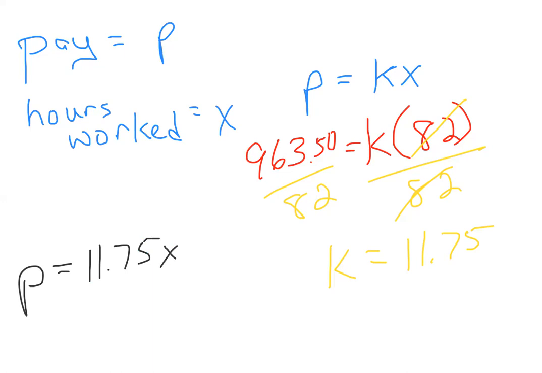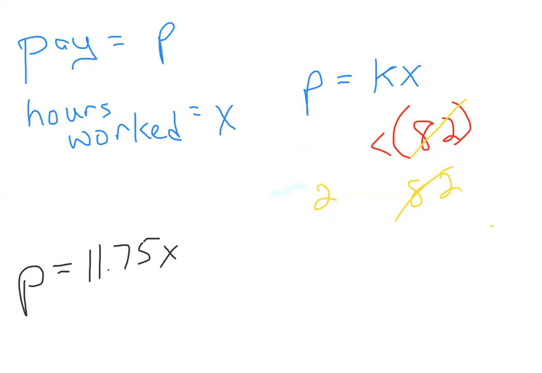We found K. And it says, what does the K value represent in the context of this problem? How much he makes per hour. But it's the constant of variation. It's a proper name. So it says, using my model, determine what his pay would be if he worked only 52 hours. What do you think?